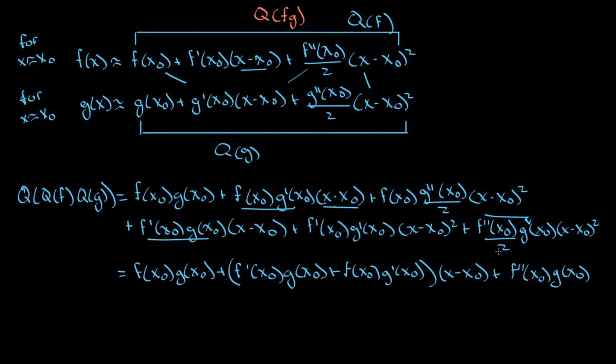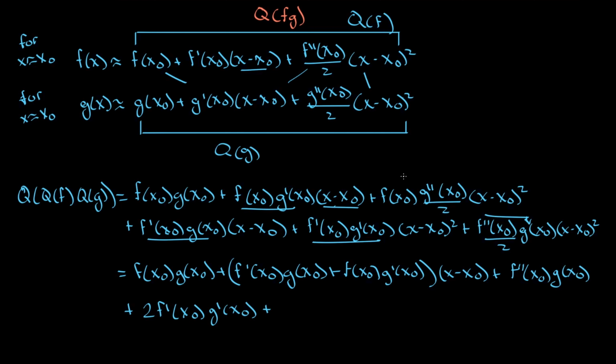And again, we're factoring out a 1/2 times x minus x naught squared. Then we have plus, and I'll grab these next. Be careful here. We're factoring out a 1/2, so we need to actually have a 2 as a coefficient: 2 times f prime of x naught times g prime of x naught.